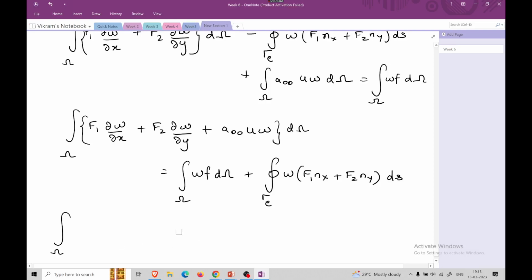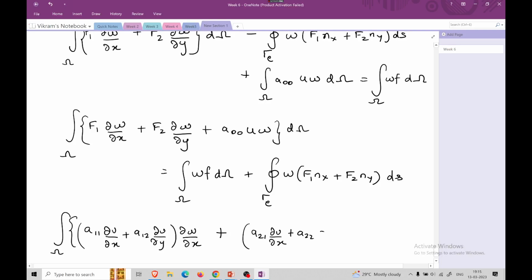I will give some space for writing, so the bracket is easier. So this larger bracket inside: a11 dou u by dou x plus a12 dou u by dou y into dou w by dou x, plus a21 dou u by dou x plus a22 dou u by dou y into dou w by dou y.